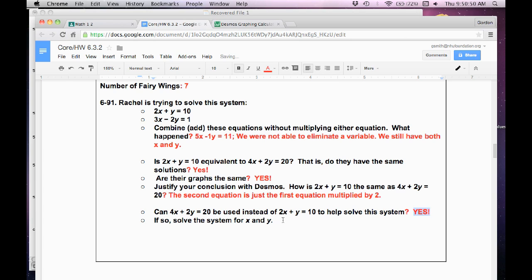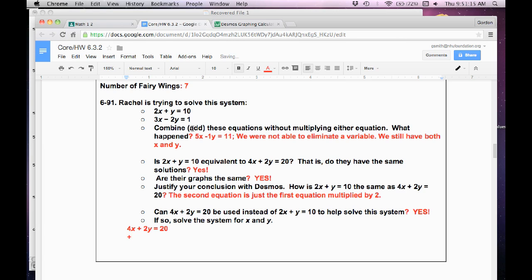So if so, solve the system for x and y. Where originally we had 2x plus y equals 10, we're now going to use 4x plus 2y equals 20, and we're going to solve the system like that. We'll take that one, make it red, and then we're going to say plus.